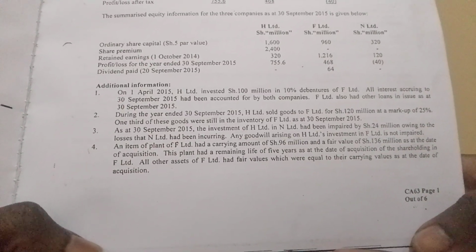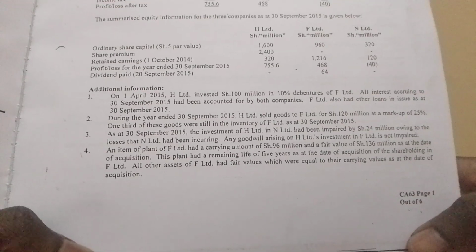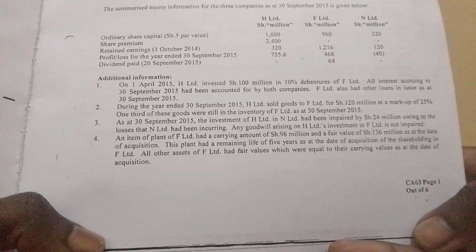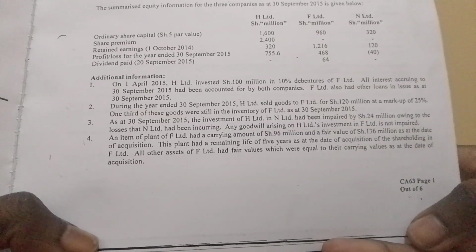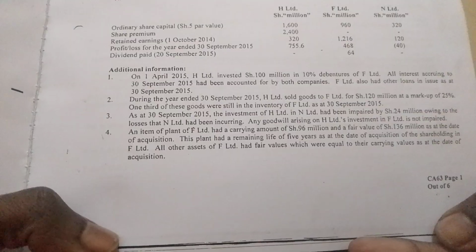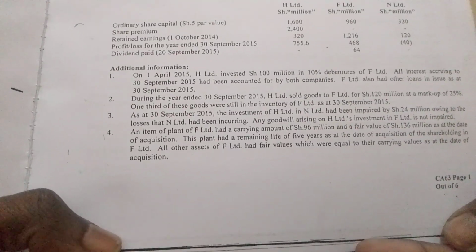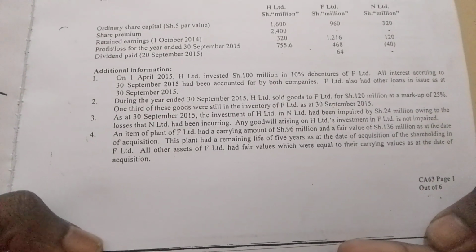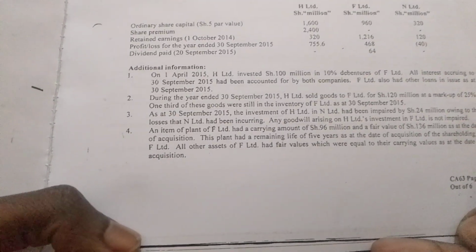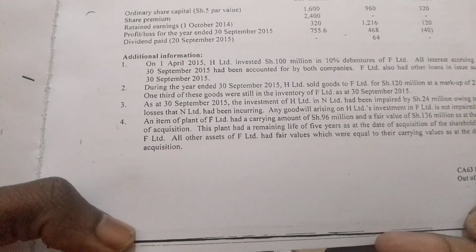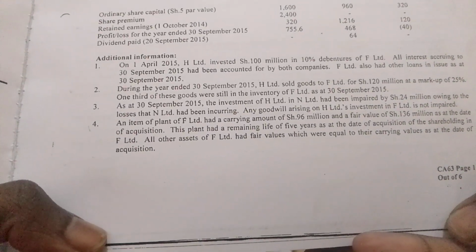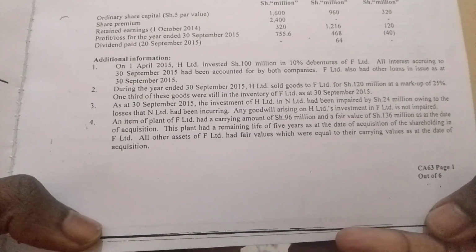F Limited also had no other loans in issue as at 30th September 2015. Number 2: During the year ended 30th September 2015, H Limited sold goods to F Limited for shillings 120 million at a markup of 25%. 1/3 of these goods were still in the inventory of F Limited as at 30th September 2015.